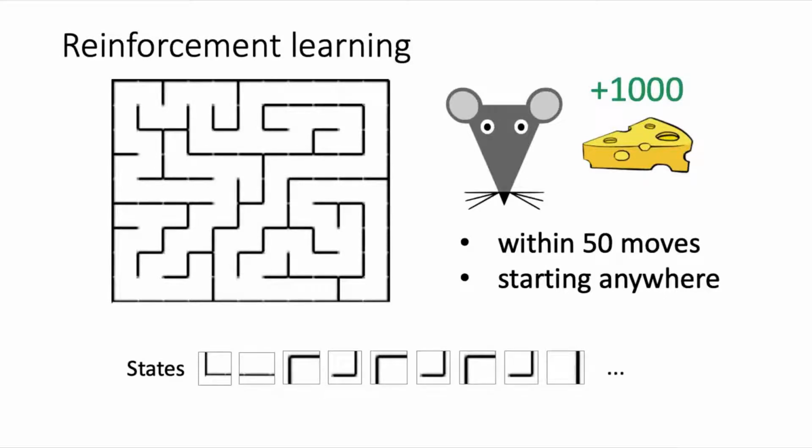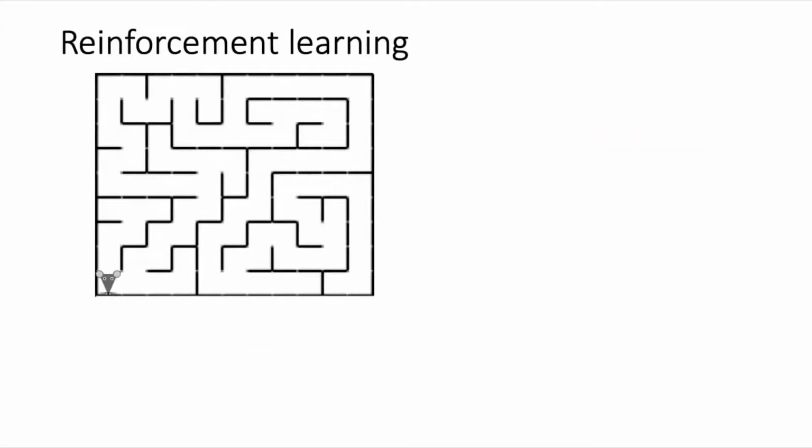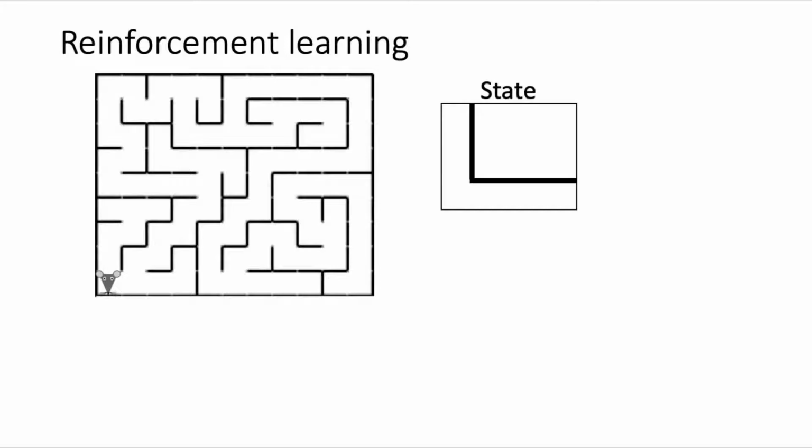We're going to assume that the mouse is myopic, so it can only see which of its 4 sides has walls versus not, and it can't see further along in the maze corridor. So if the mouse starts at the bottom left corner, then the starting state would be represented like this, with walls present on the left and the bottom, and no walls on the top and the right.